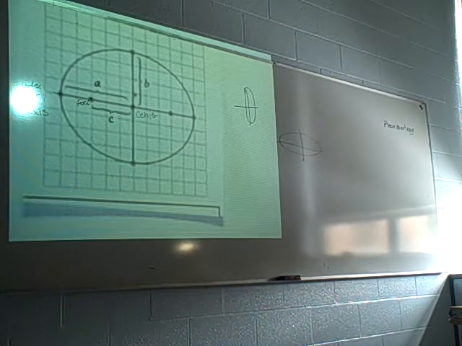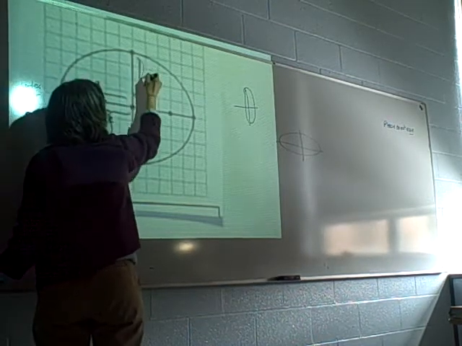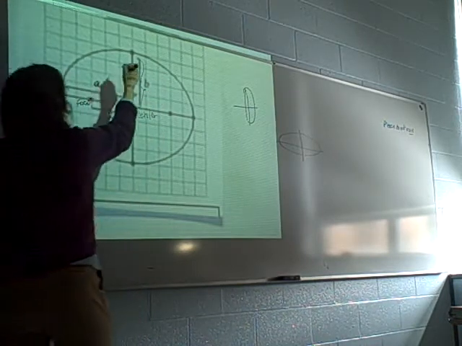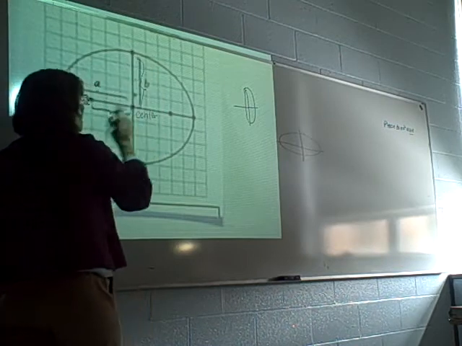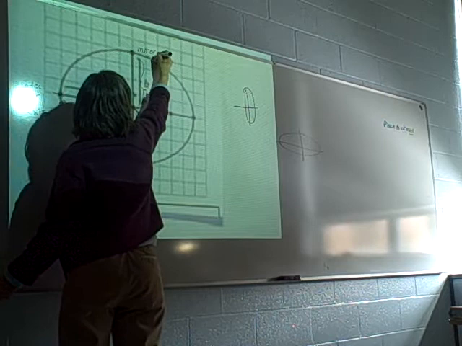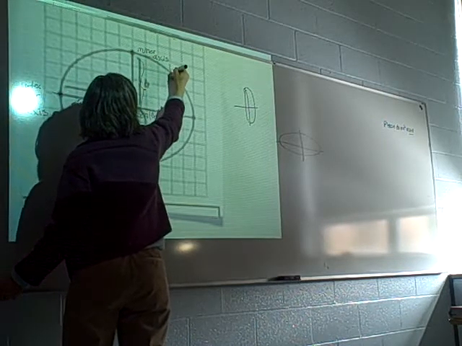And the distance from the center to, what is this vertex called? Or which axis is this? Minor. The minor axis is b.